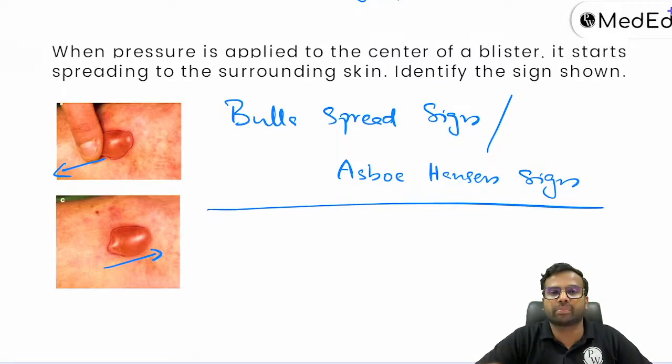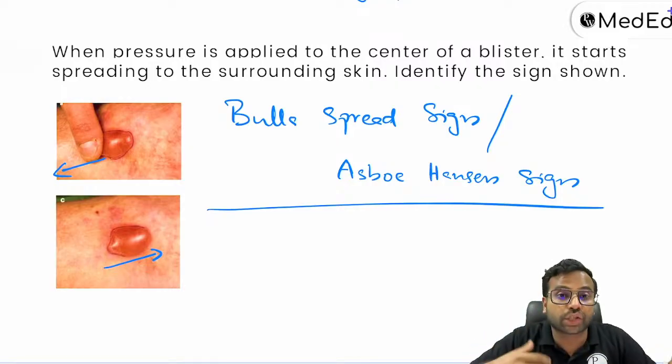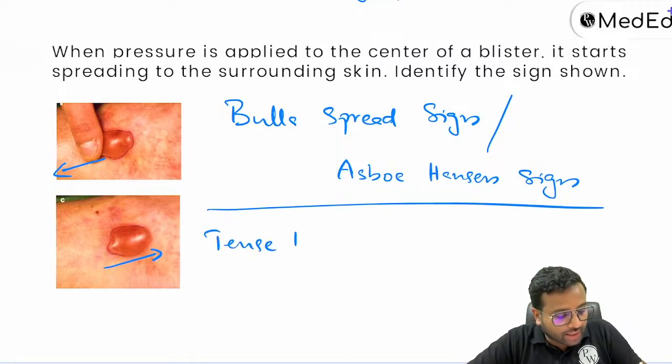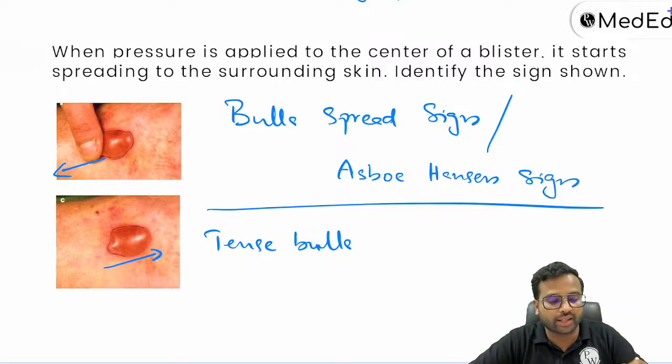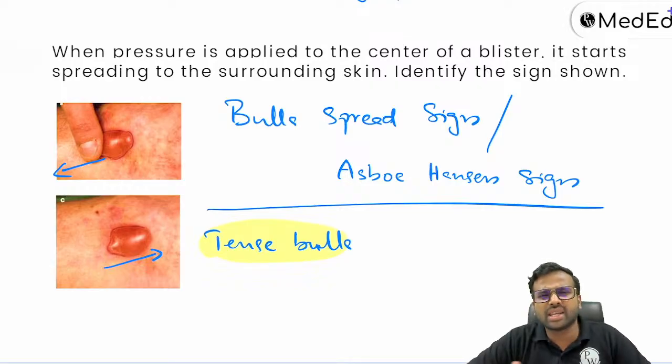The best example, always remember, is when you are applying pressure to a bulla and the bulla does not break, it means that the patient has a tense bulla. So when I give you a magic word like tense bulla, can you make a guess in which diseases you can see a tense bulla which does not break easily? It's an easy clue.